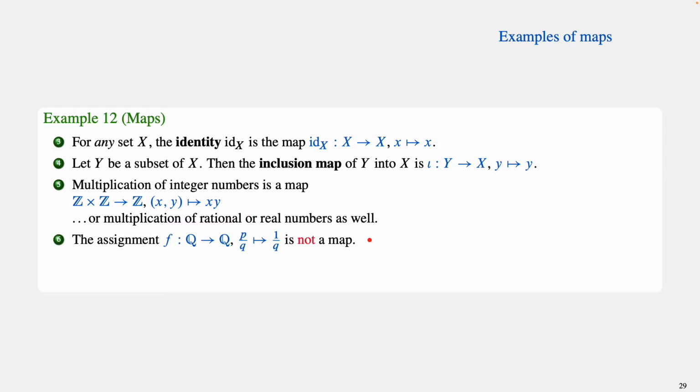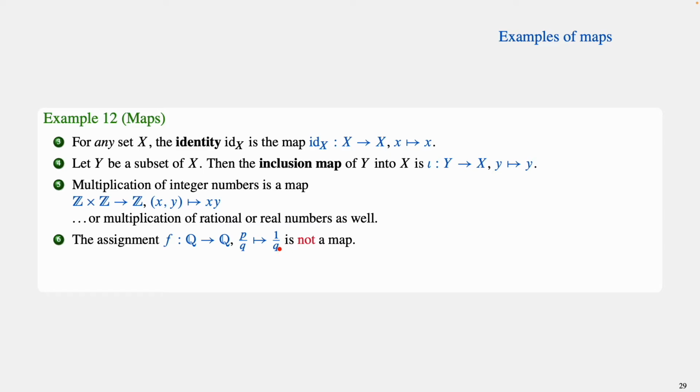Now here we have an example of something that is not a map. And I make the following assignment in fat quotes. F from the rationals to the rationals, taking a fraction p over q and mapping it only to its denominator, 1 over q.